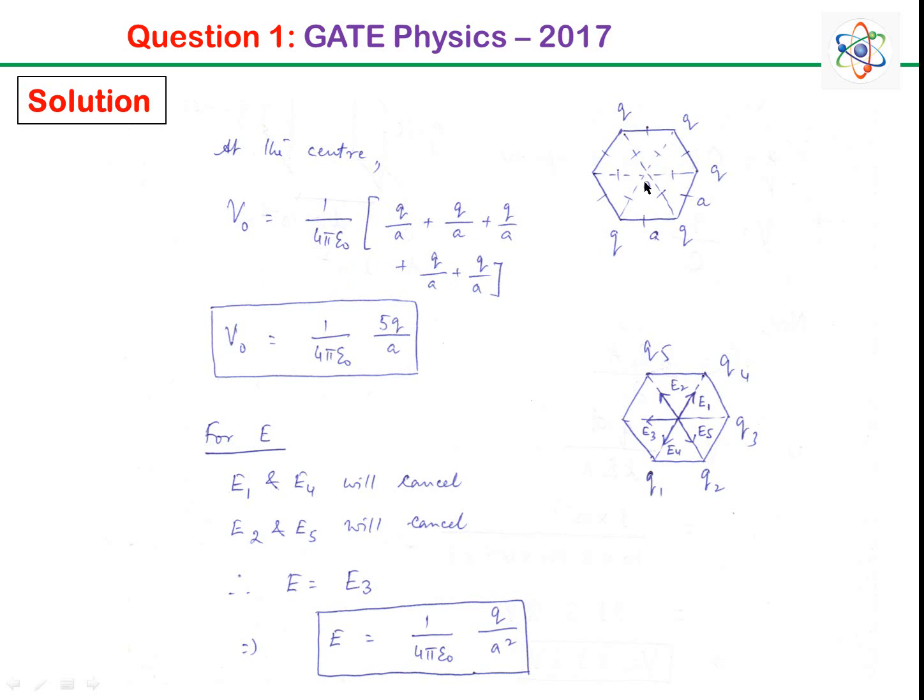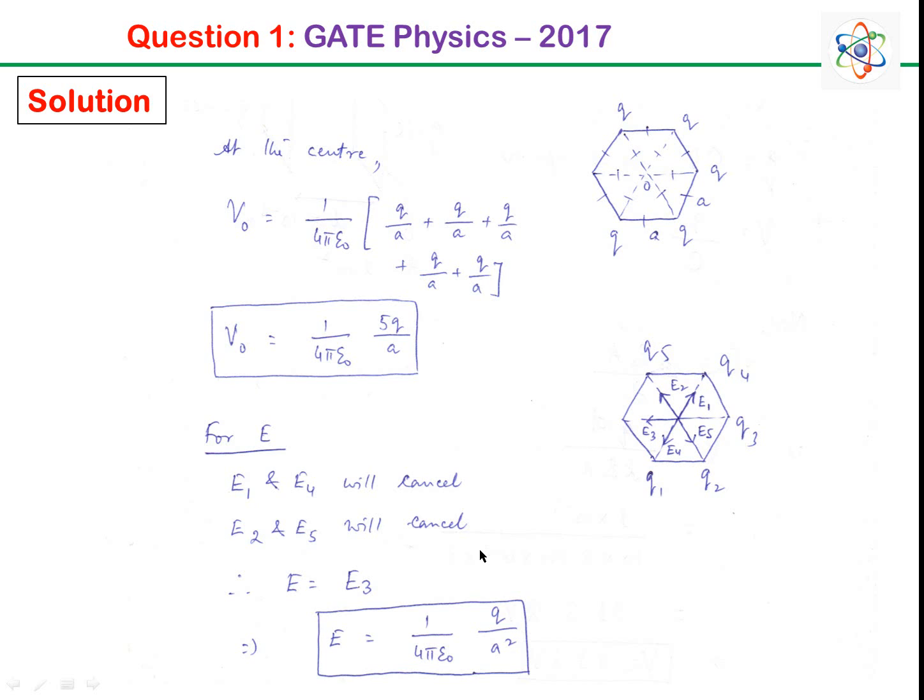So the total electrostatic potential at the center O, which is V naught, will be given by 1 by 4 pi epsilon naught times the charge divided by the respective distance, which is A in all the 5 cases. So it will be Q by A, Q by A, Q by A, Q by A, Q by A. So it will be 5 times Q by A, and therefore the total electrostatic potential comes out to be 1 by 4 pi epsilon naught times 5Q divided by A. So this is how our electrostatic potential looks like at the center O.